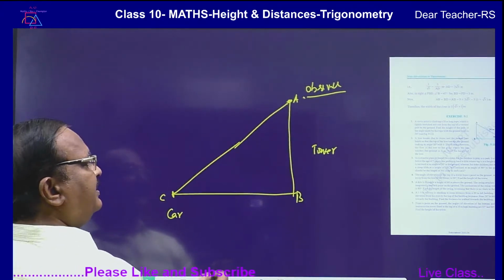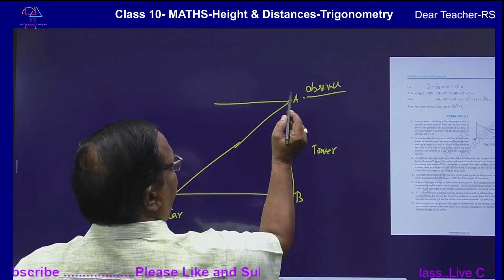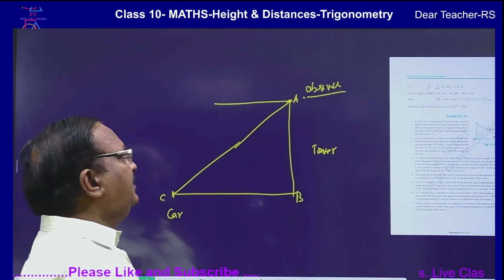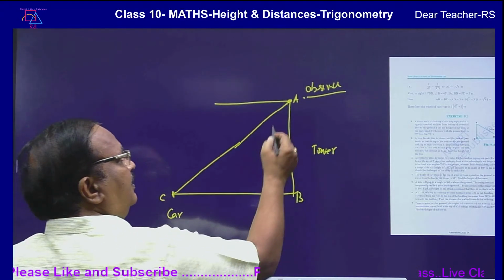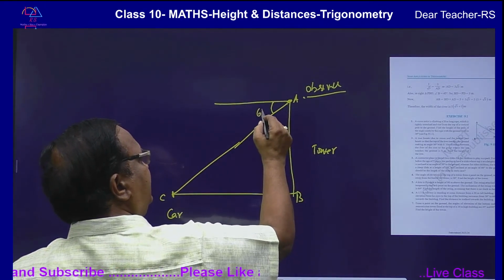So at that time we have to have a horizontal line parallel to the ground. Now this observer is observing the car with an angle 60 degrees, let us say.